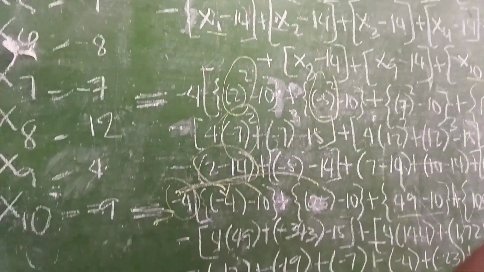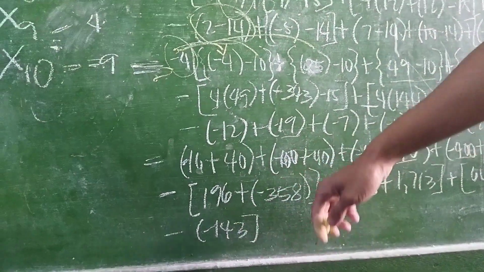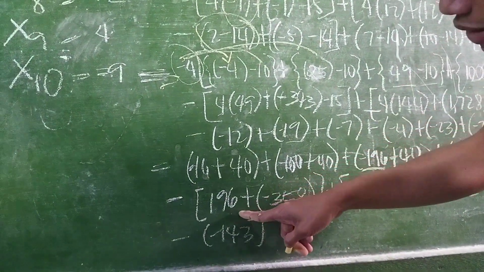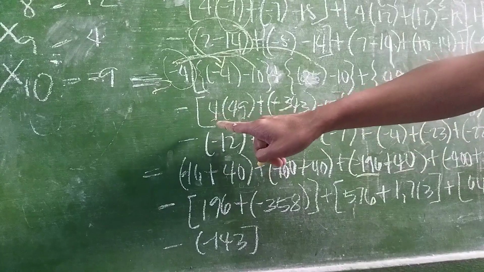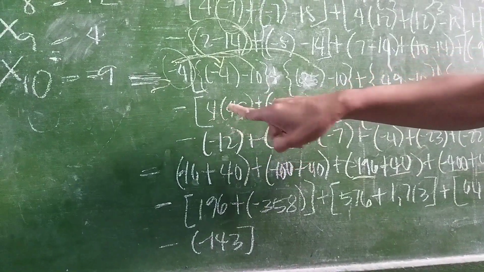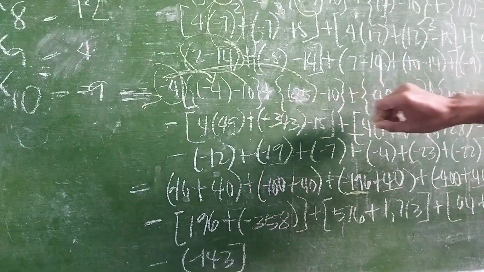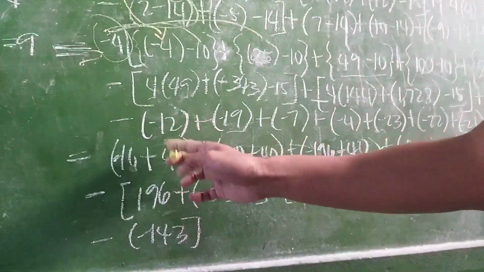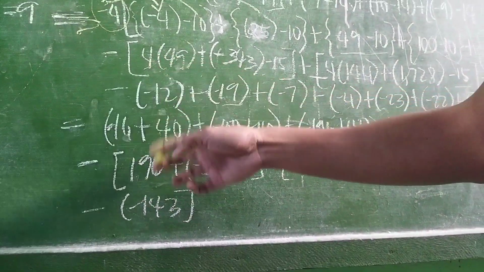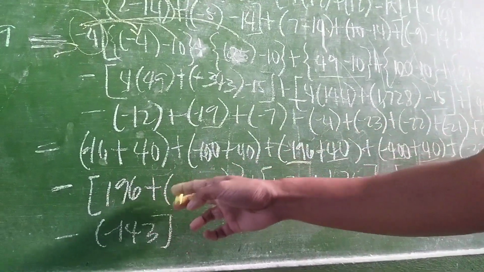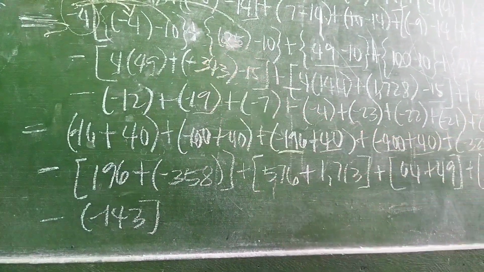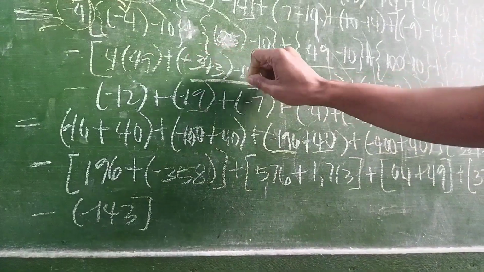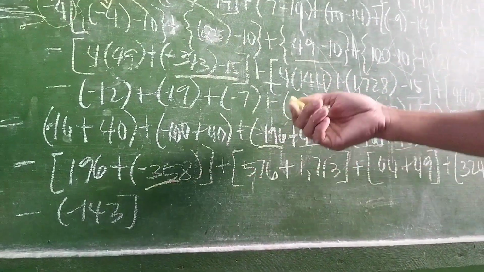So now here, second, we got 196 by multiplying the 4 and 49. And you'll do just the same. Now, 4 times 49 is equal to 196 plus negative 343 minus 15 is equal to negative 358.